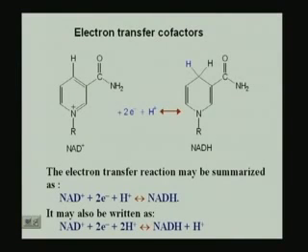We have looked at two of these already. NAD plus going to NADH, where we have an electron transfer reaction that can be written as NAD plus 2 electrons plus a proton going to NADH, or alternatively as NAD plus 2 electrons plus 2 protons going to NADH plus H plus. Okay.